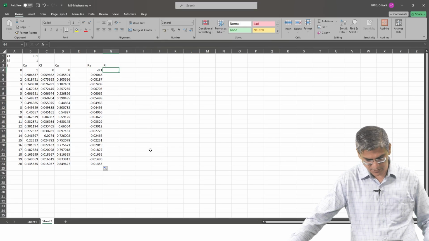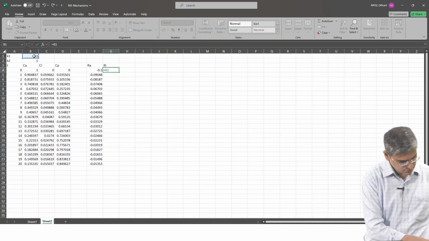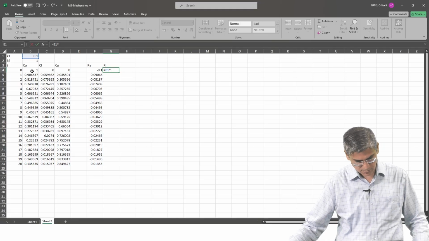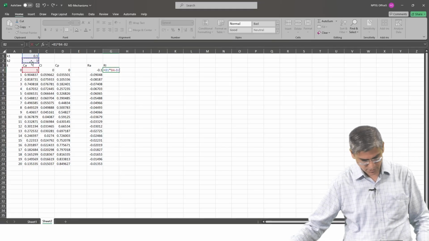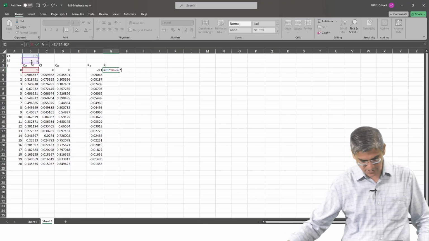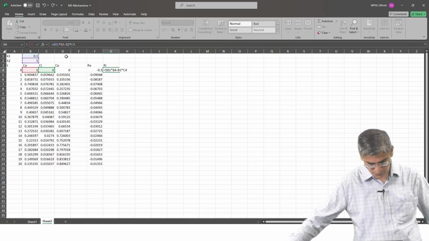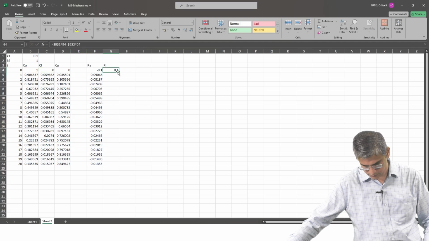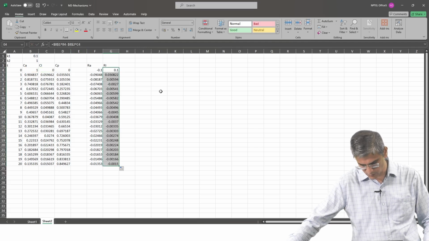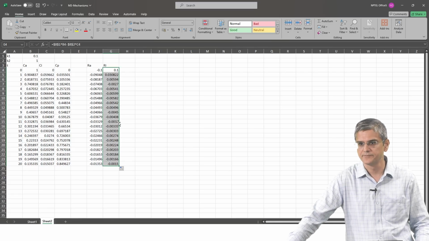RI is K1 multiplied by CA minus K2 multiplied by CI. Again, I will put this dollars over here. And I have this net rate of RI.